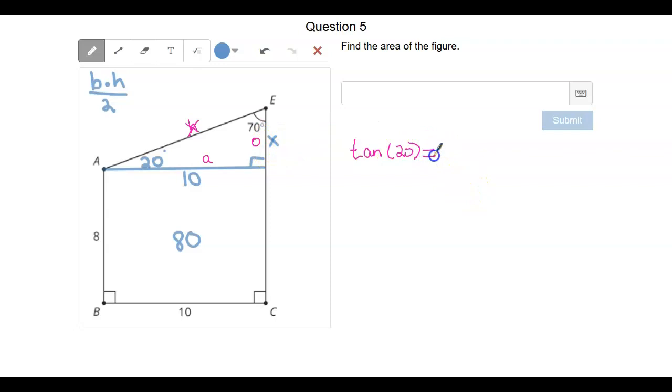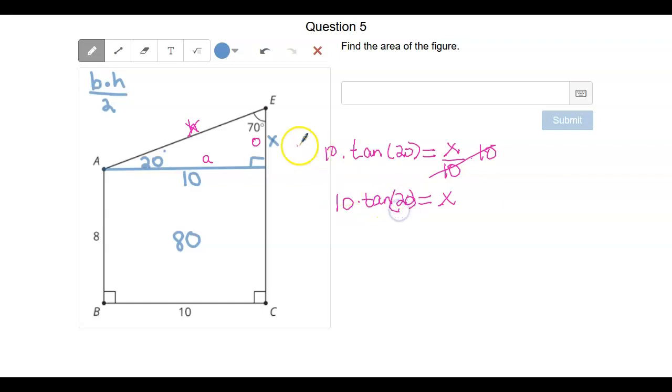Tangent of 20 is equal to opposite over adjacent. And because x is in the numerator, now we're going to multiply by 10. And so we get x is equal to 10 times the tangent of 20.